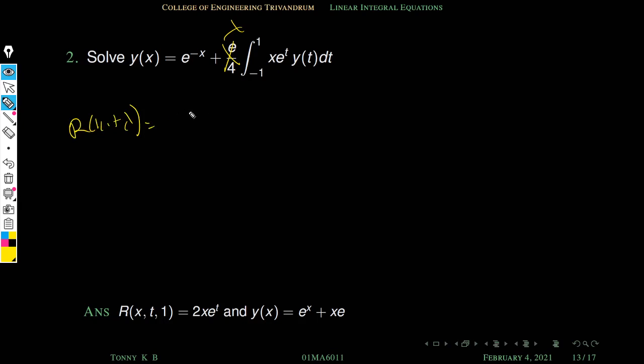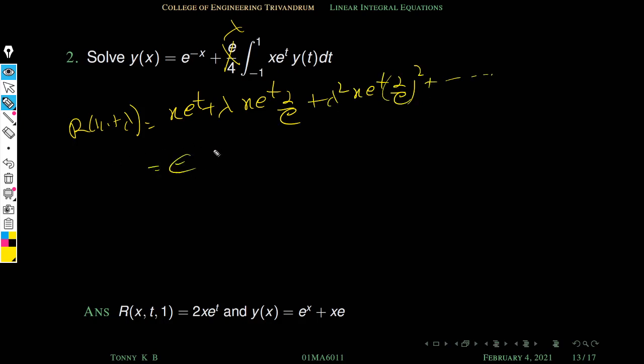The only difference is that instead of e/4 we substitute lambda itself. So this is x e^t plus lambda x e^t into 2/e, plus lambda squared x e^t into (2/e) squared, plus etc. Then this infinite series is x e^t times 1 plus lambda 2/e plus (lambda 2/e) squared, plus etc.